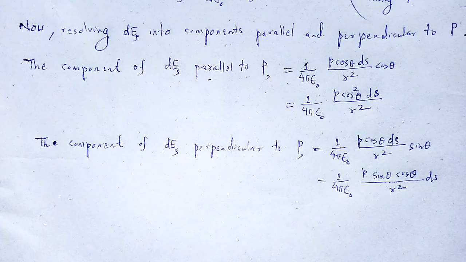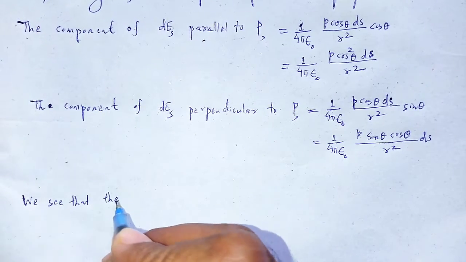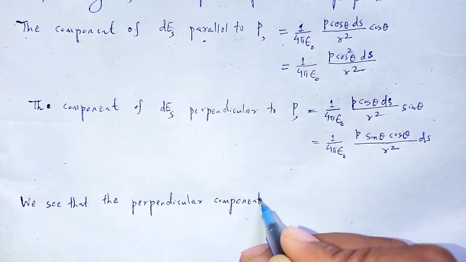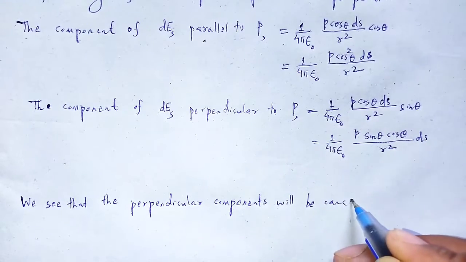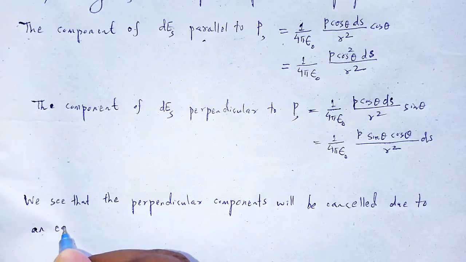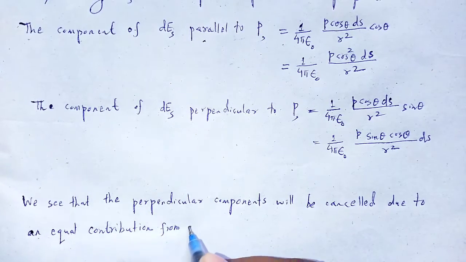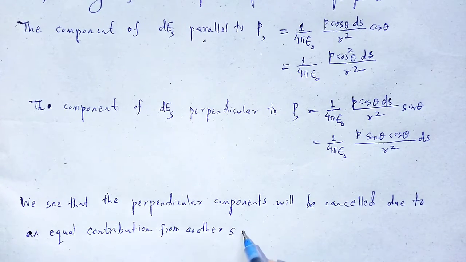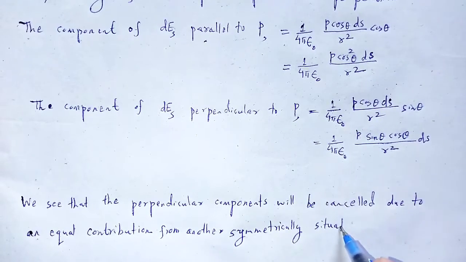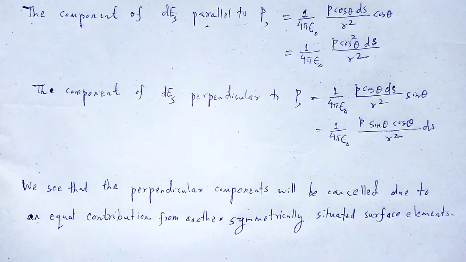Therefore, we see that the perpendicular components will be cancelled due to an equal contribution from another symmetrically situated surface element.